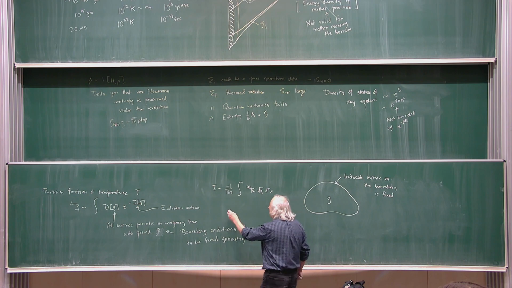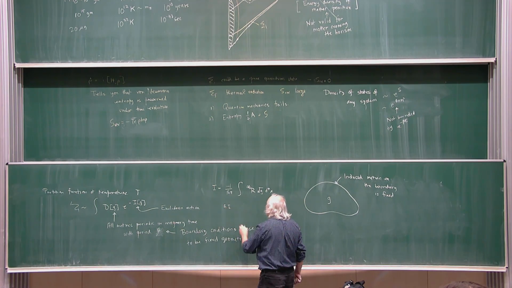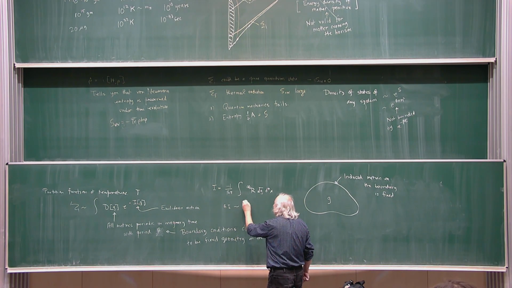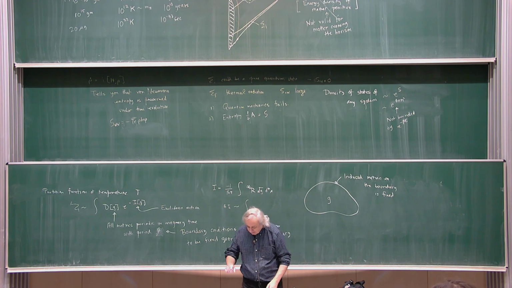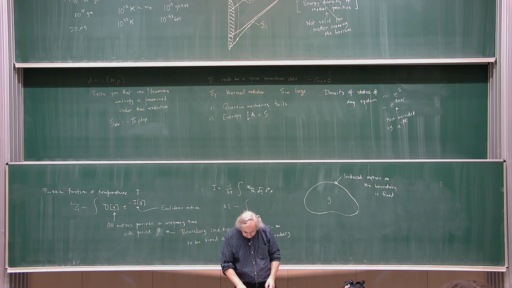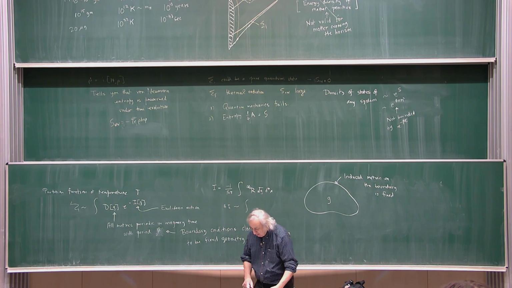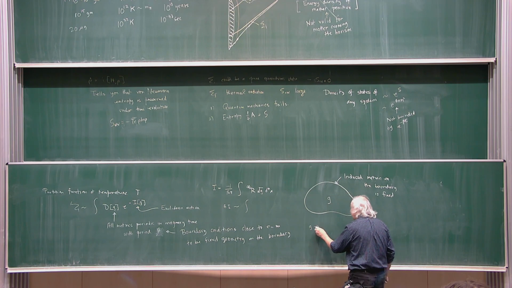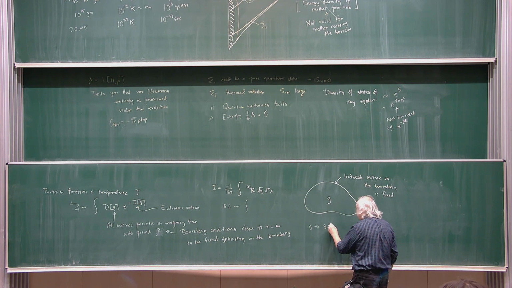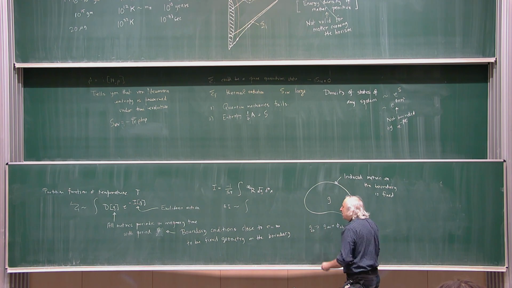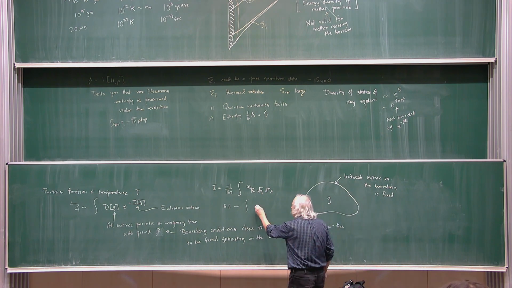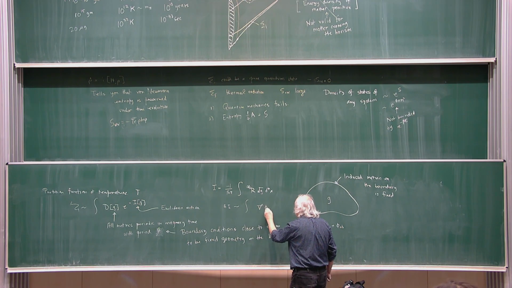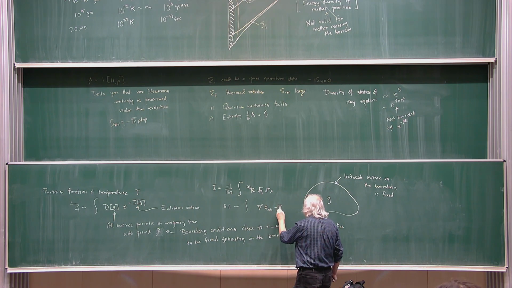But if I vary, I will discover some terms that look like, suppose that G goes to G_AB plus phi_AB, then I'll discover terms that look like del_A phi_AB minus del_B phi.